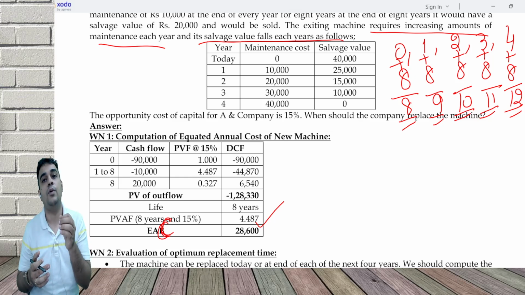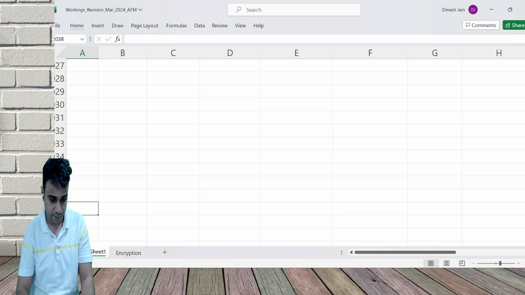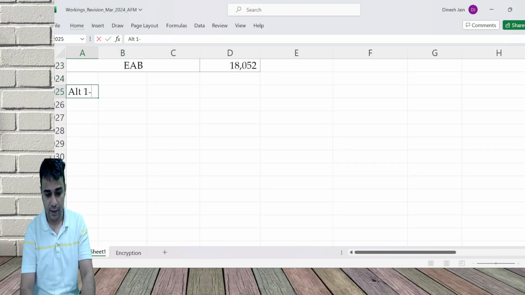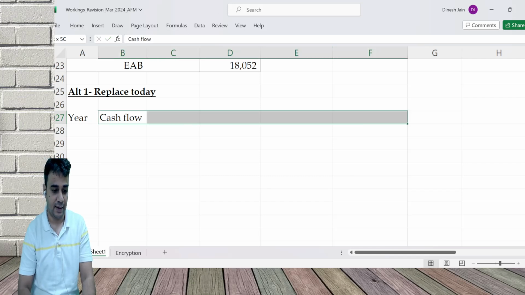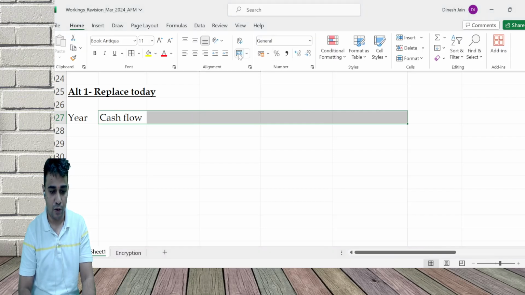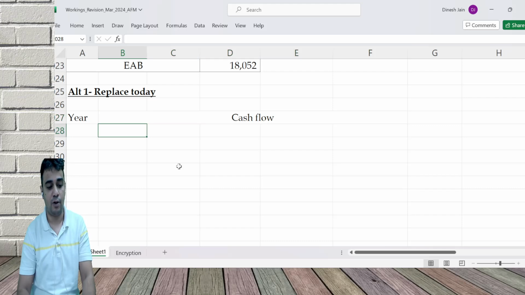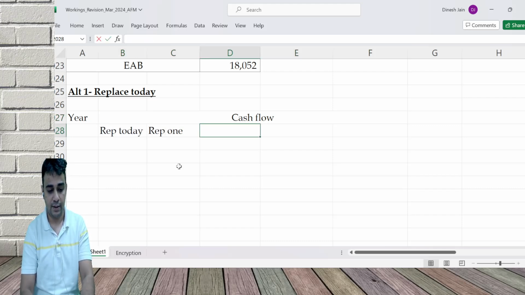So now replace can happen in 5 options. Now write alternatives. Alternative 1, replace today. Year, cash flow. You need not do the discounting part, okay? Year, cash flow, 5 columns: replace today, replace 1 year, replace 2 year, replace 3 year, replace 4 year.